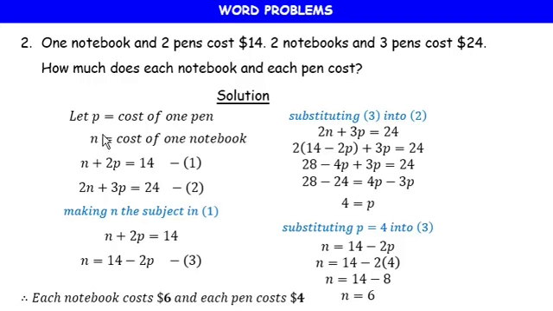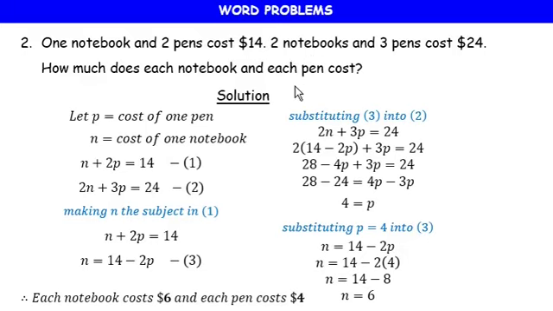We said that N represents the cost of one notebook. So one notebook, 1N, that is the same as N, plus, since 'and' in the mathematical sense means addition, 2 pens, so plus 2p is equal to 14. That gives us our equation 1.